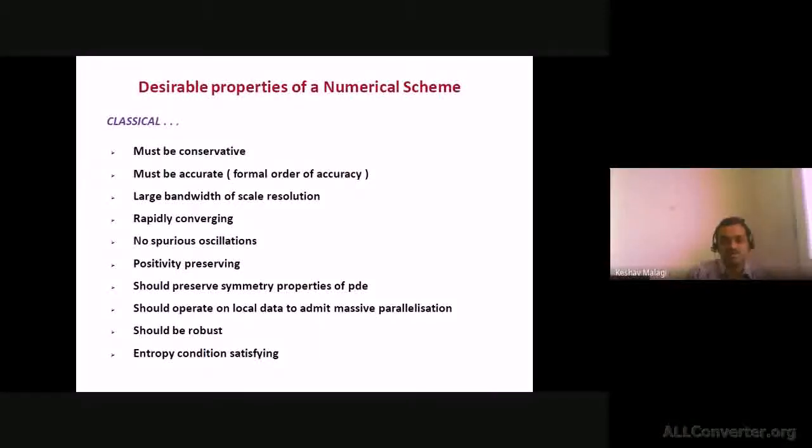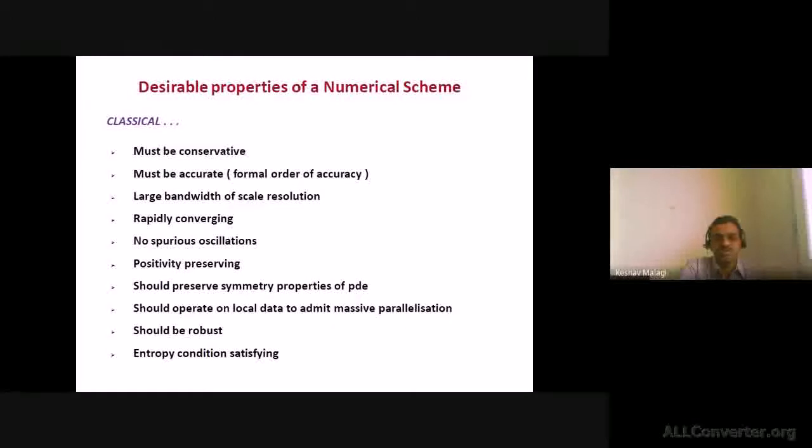It must be accurate. This, of course, is easy to understand, but in terms of the mathematical aspect, the formal order of accuracy should be high. That is what it means when you say accurate. And large bandwidth of scale resolution. Once you are solving on a projected method, that is, you are now using a discrete approximation to a continuous phenomenon, you will filter out some scales of flow and some frequencies and waves.